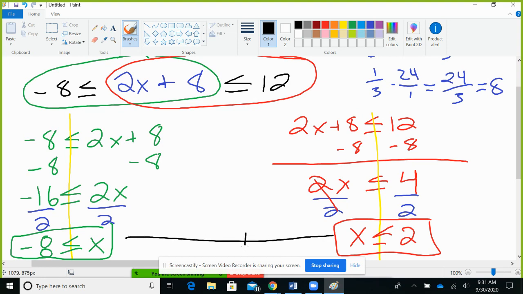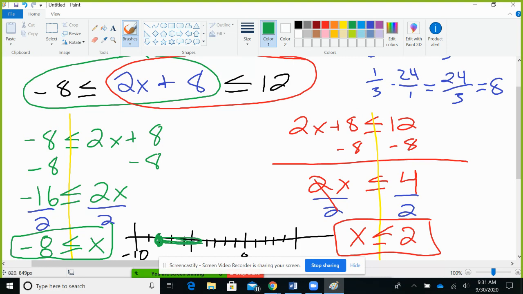So x is greater than or equal to -8. I go to -8, and it goes that way.